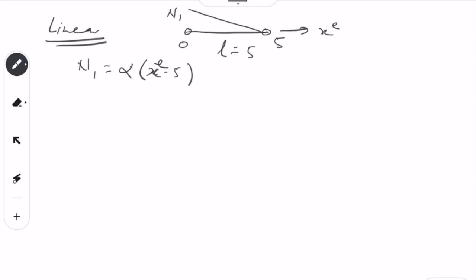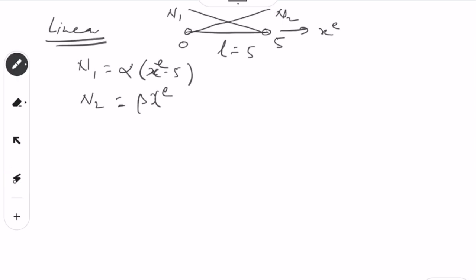Similarly, N2 will be 1 here and 0 here, and we know that N2 has to pass through x equal to 0. Hence N2 will be something like beta times xe simply. So just looking at which point it has to pass through, we can guess how the shape function should look.